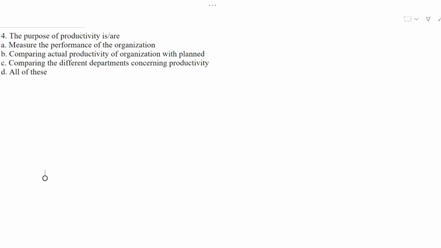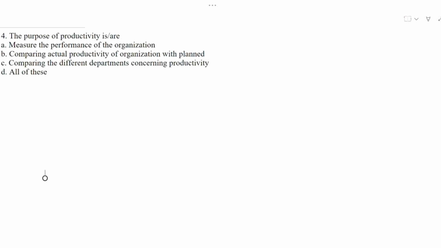Okay. Now, it has three purposes in total. Secondly, we should be able to compare the different departments, industries, sections with respect to productivity. Like there is a department A and department B. We should be able to compare which department is more productive, which section is giving more profits.